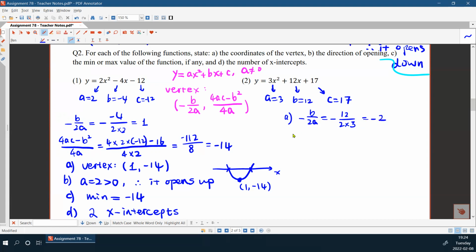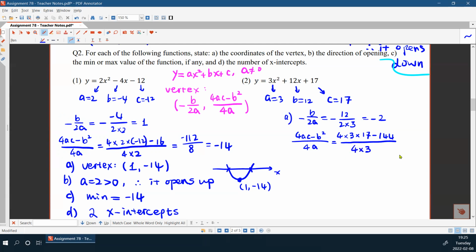Oh, sorry, -2, right? And the y coordinate is 4ac minus b squared over 4a. And 4ac is 4 by 3 by 17. Negative b squared is 12 squared, which is 144, and over 4a, which is 4 by 3, right?